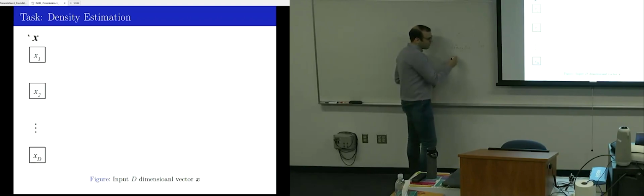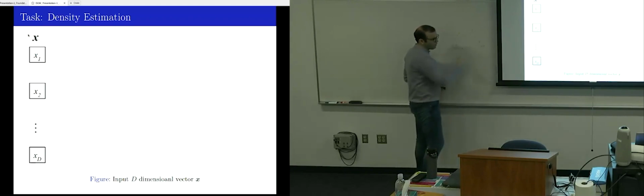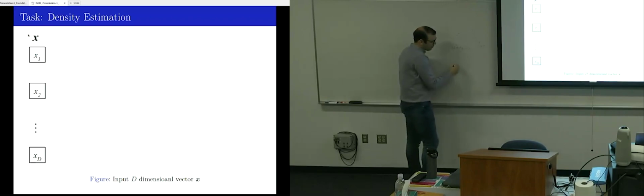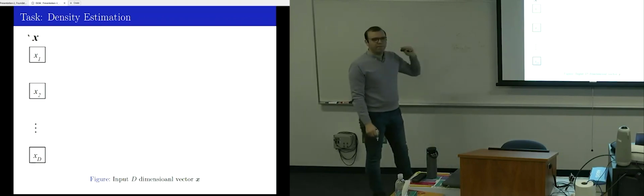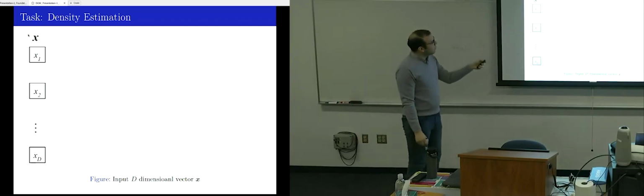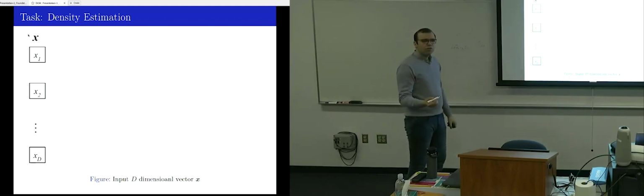It means b2 till bD, because the data is D-dimensional, and also the weight vectors, w2 till wD. Assume that you have access to all of them. And now someone gives you a new vector x and asks you to estimate the density.